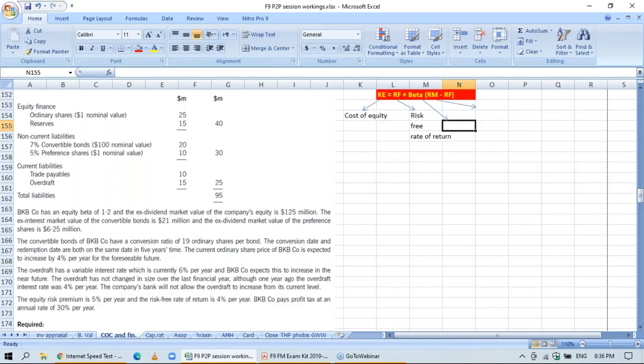Then beta, and the third plug-in figure will be the return on market, the market return. Now return on market means return on the stock market, return from a well diversified portfolio of investment in ordinary shares which are risky.